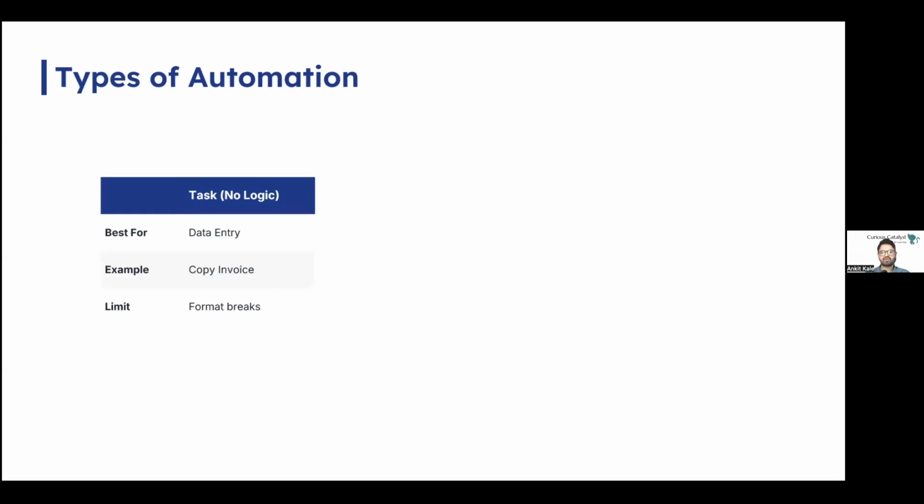The first type of automation is task automation. This is the simplest form. It moves data from point A to point B. Copy this field to that spreadsheet. Download this file and rename it. It is best for repetitive data entry that happens the exact same way every time.